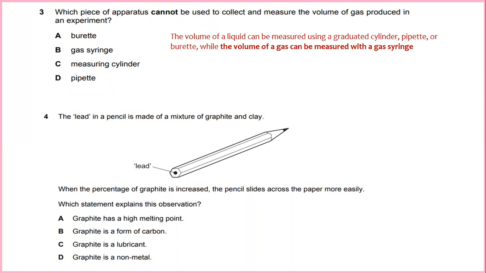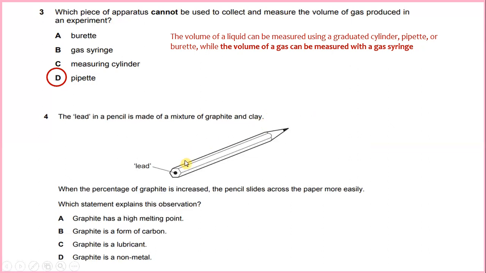So the question is actually asking about the piece of apparatus which cannot be used to collect and measure the volume of gas produced in an experiment. So the answer will be pipette.